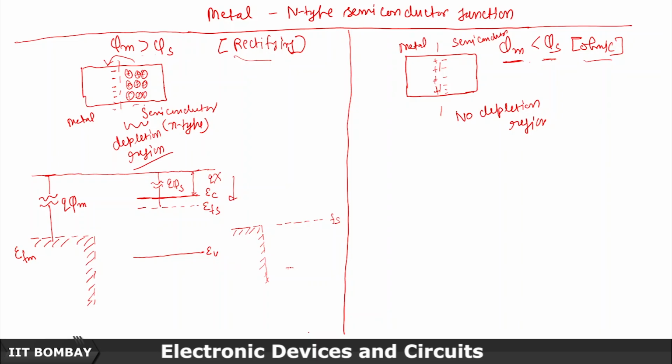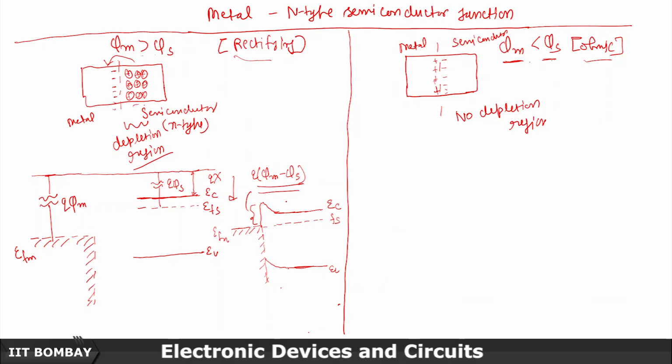So EV would be here, EC will be here. In order to meet, this will be something like that. So this is EFM. This barrier would be equal to q(phi m minus phi s), right?